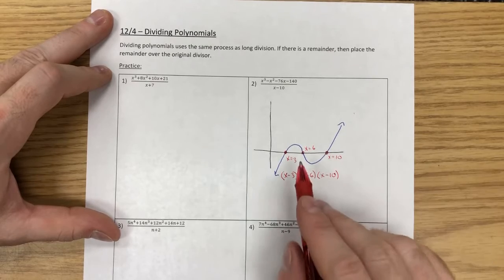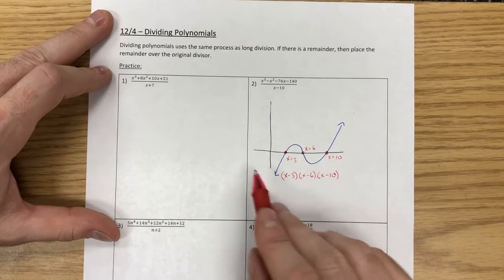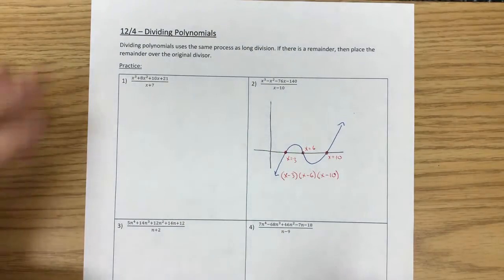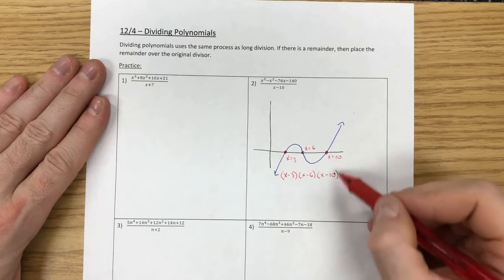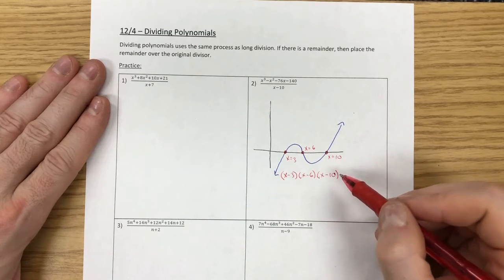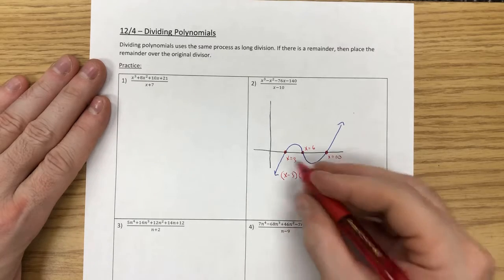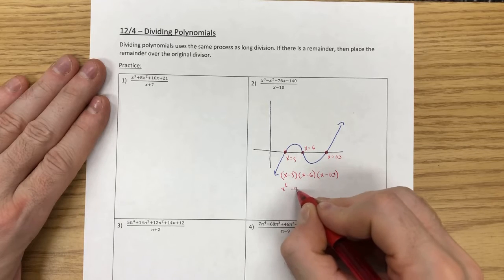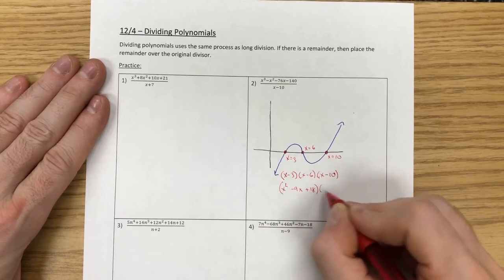Now, realistically, this graph is not going to be represented by this. There's going to be scale factors in here that have moved the graph over and then have scaled it the way it is. But again, we're assuming a more standardized graph. This is just an illustration of what's going on. And if I were to FOIL these, let's see, that's x times x, that'd give me an x squared minus 3 minus 6 is minus 9x plus 18.